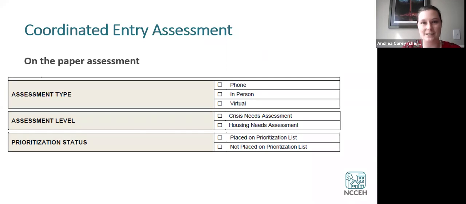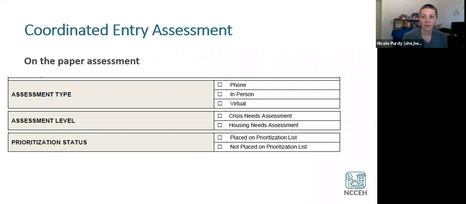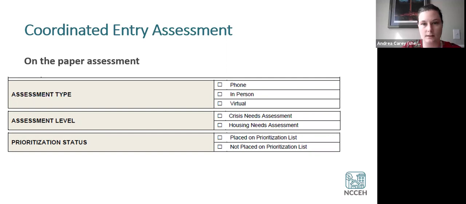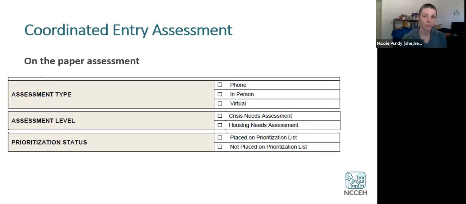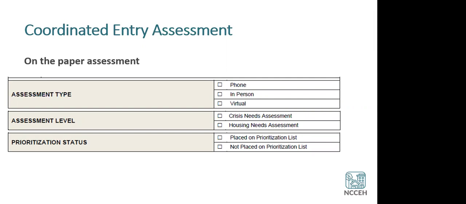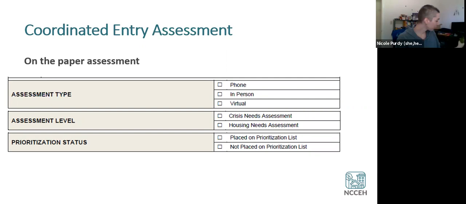That's great. Oh, I've got a raised hand here. Carrington. Yes, Carrington. Here we go. So is it safe to say, as far as the assessment level, any rapid rehousing or permanent supportive housing opportunities should be checked as housing needs assessment? Correct, yes. Okay.